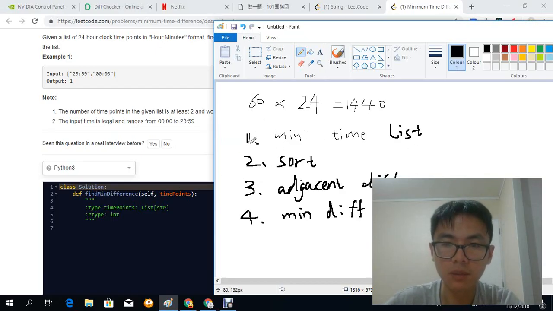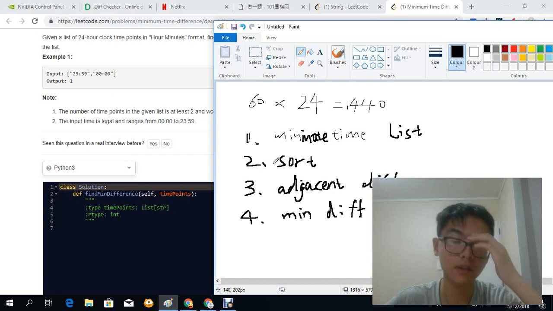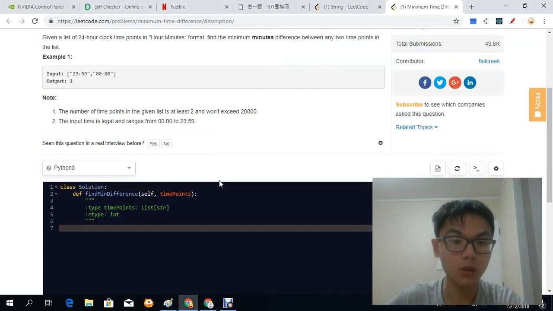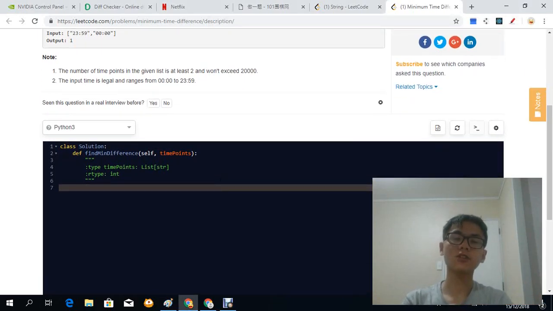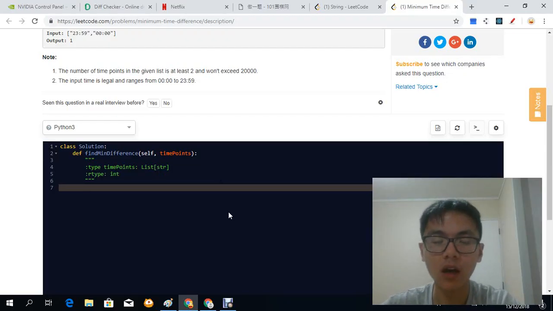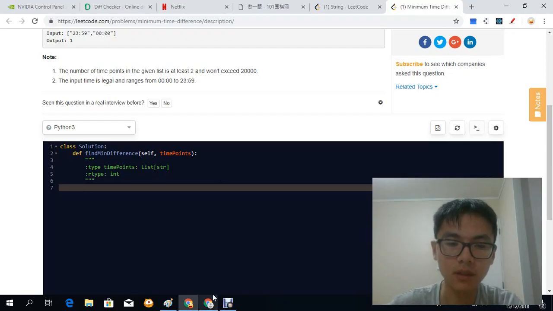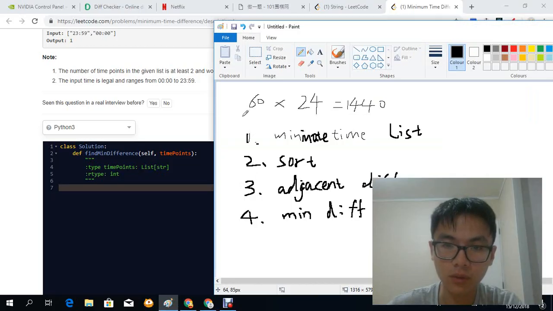So first step, to create our minute time list. To do that, first we have to know how many minutes in a day. So this formula tells us it's 1440 minutes in a day.